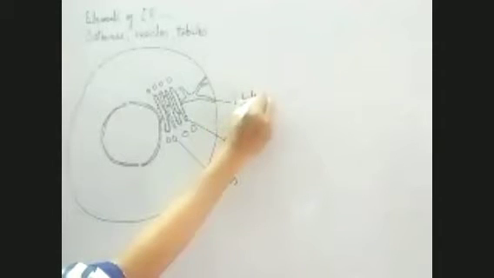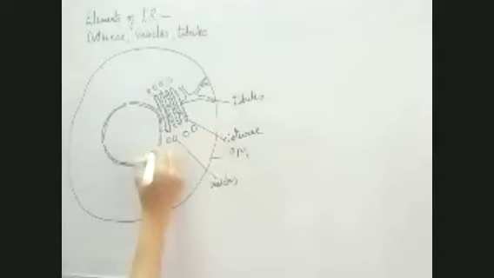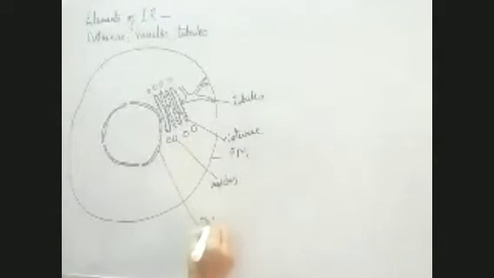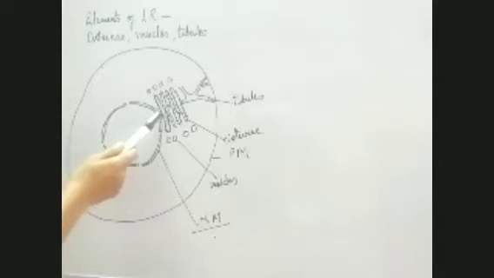Tubules are attached to the plasma membrane, and the cisternae are attached to the nuclear membrane. This is how all these structures appear in a cell. That means to the nuclear membrane are attached the cisternae, to the plasma membrane are attached the tubules. So this is how it appears.